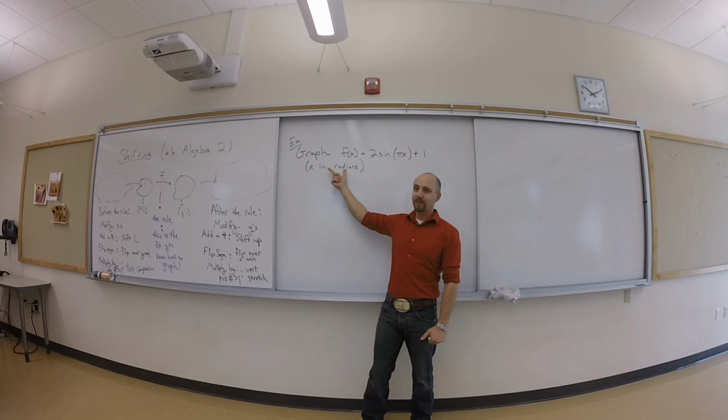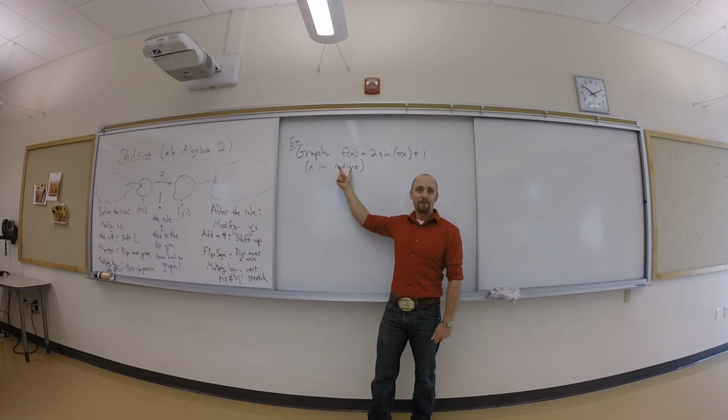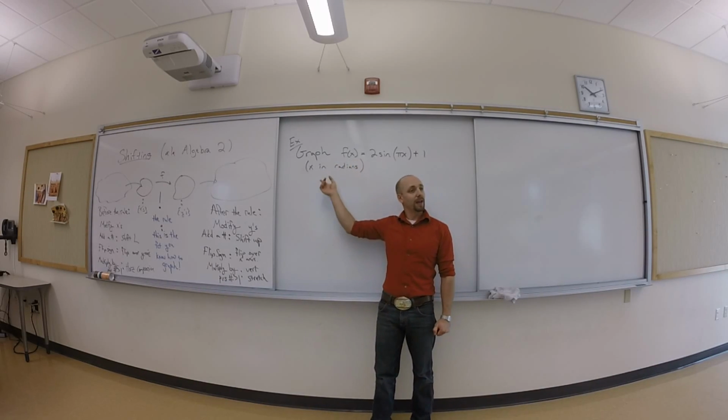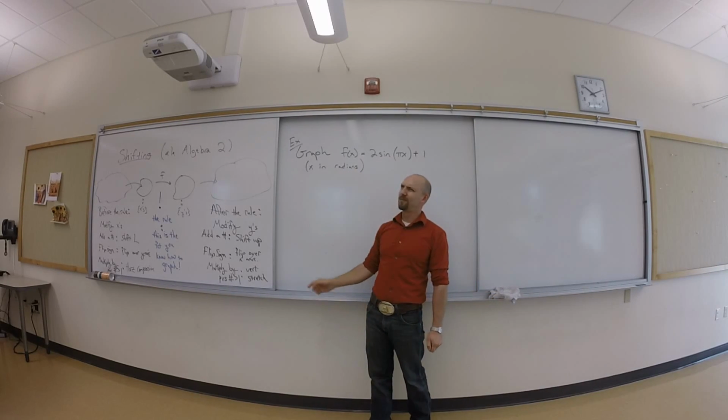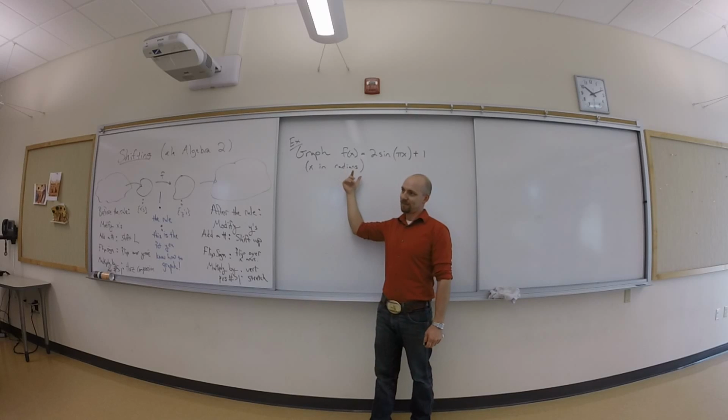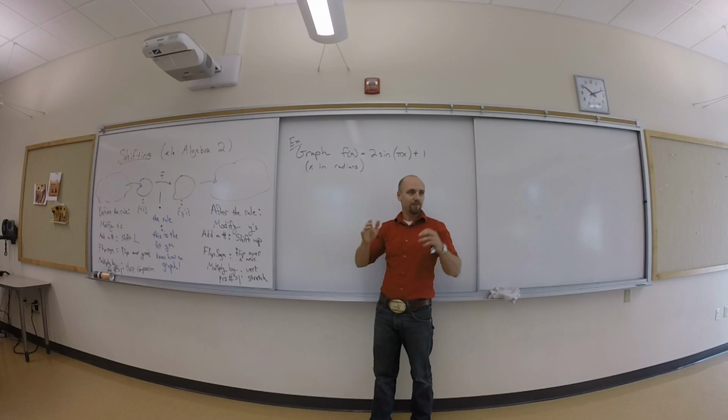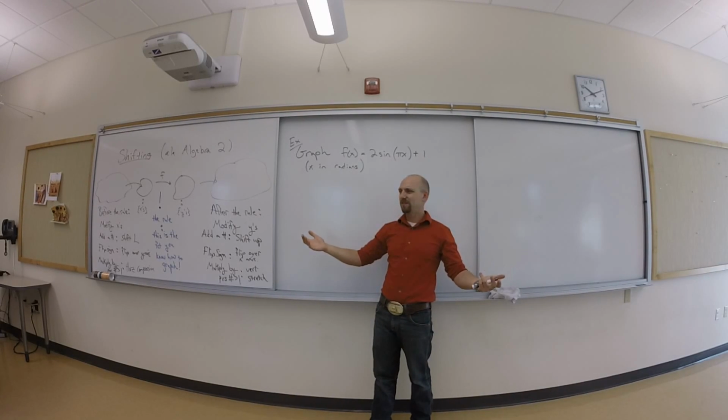Yeah, this is going to be my standing assumption from here on out. When I'm graphing trig functions, I'm going to go ahead and assume that x is in radians. Why? Because the Babylonians just made up degrees. It doesn't mean anything useful. It puts really big numbers on the x-axis that I don't necessarily need.